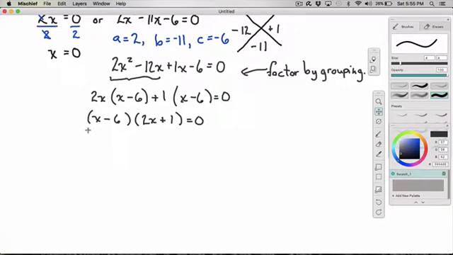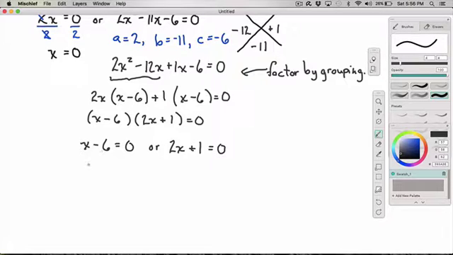Now I can set each factor to 0 and solve. So I'll write x minus 6 equals 0, or 2x plus 1 equals 0.